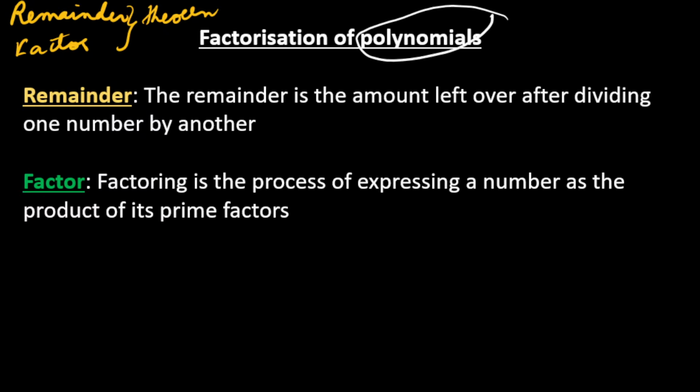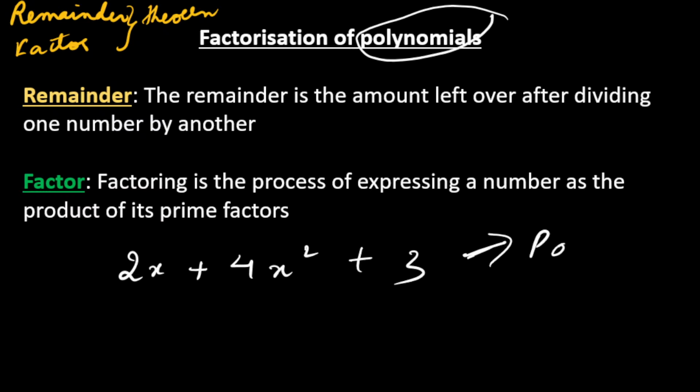So what are polynomials? I'll give you a little bit of introduction. Polynomials are the sum or differences of algebraic expressions. When I have something like 2x plus 4x square plus 3, this is a polynomial.